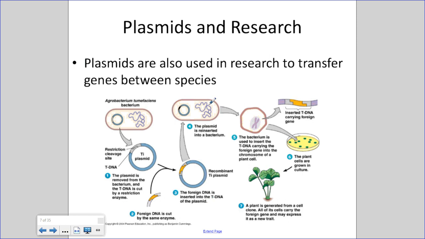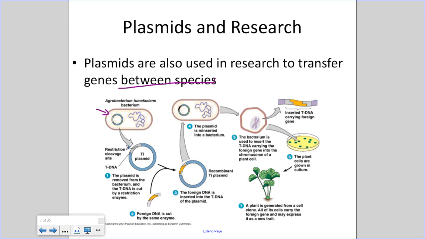Now, plasmids have a lot of use in research. Plasmids can be used to transfer genes between species, from one plant species to another plant species, or even a gene found within a fish can be transferred to a plant. The way this works is you take a plasmid found within bacterial cells.